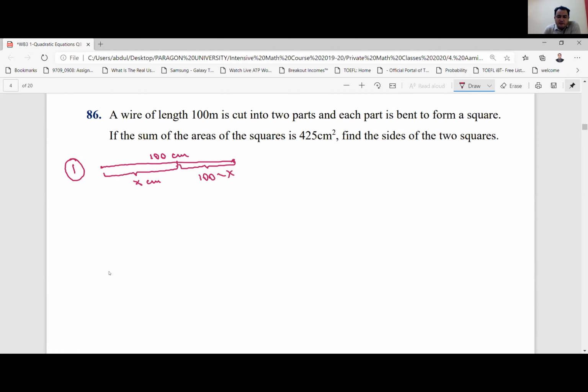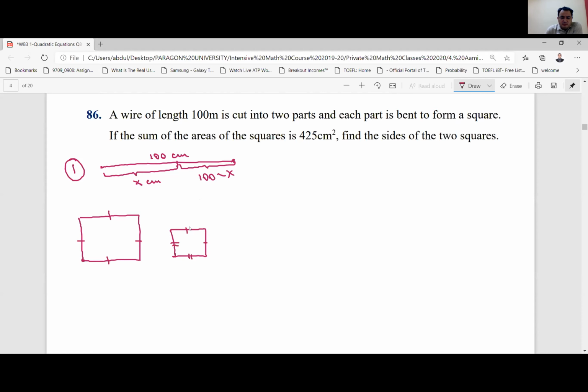You should try to use as few variables in equations as possible, number one. Number two, we know that these two squares are not equal. One is a bit bigger and the second one is a bit smaller, right? And these are squares, so all sides are equal.